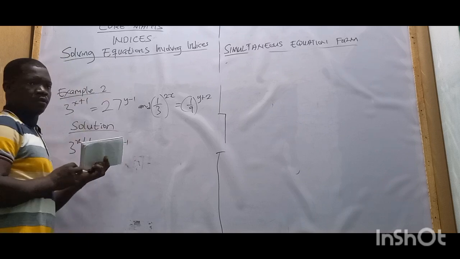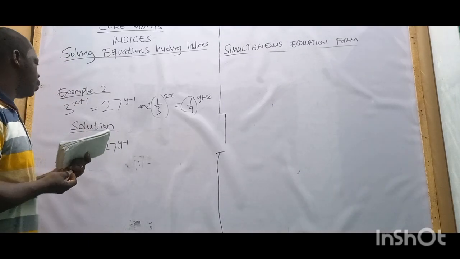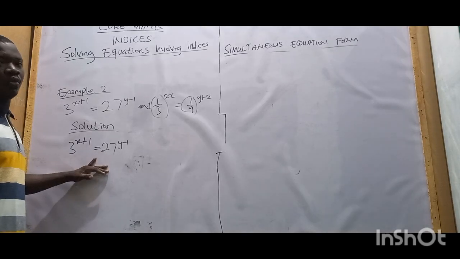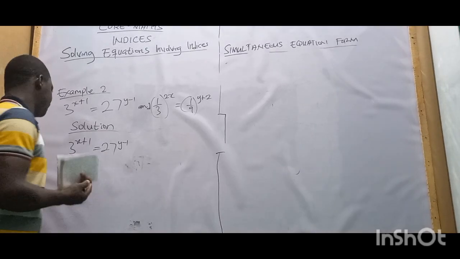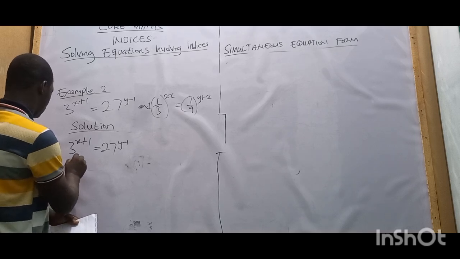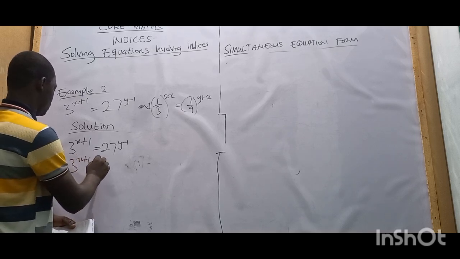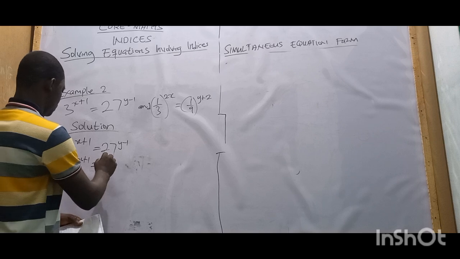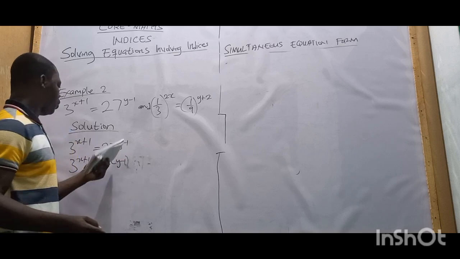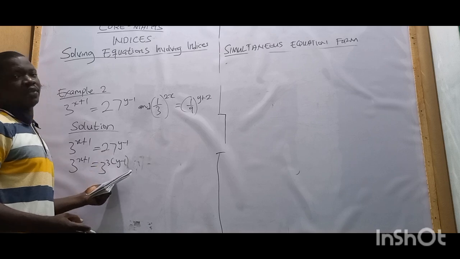So let's start with the first one. So this one, you could check that the common base will be what? Will be 3. By now, you should know how the common base to be 3, right? As I said, always put the exponent in bracket form.